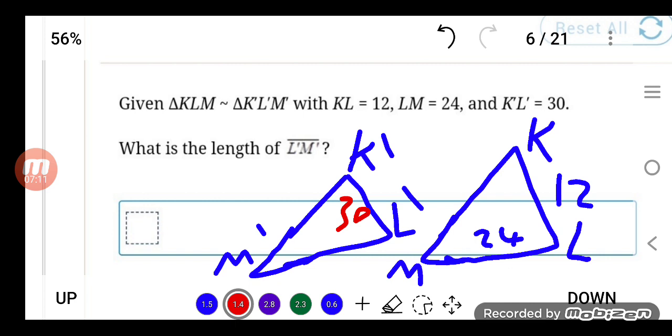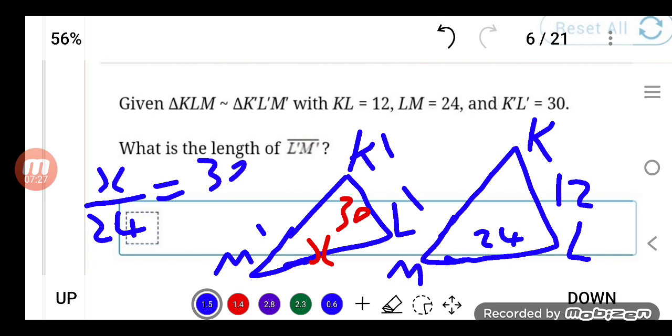Find L prime M prime, which means find x. You can easily say that x over 24 is equal to 30 over 12. Then you cross multiply to find the answer.